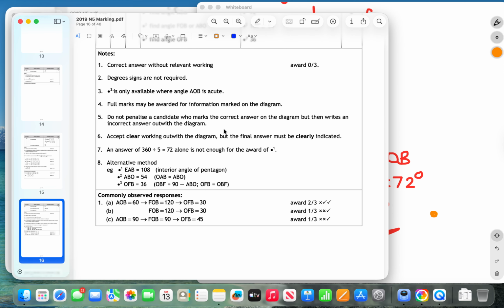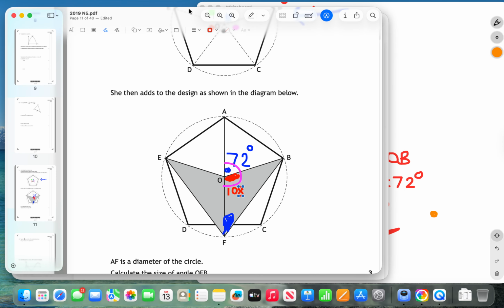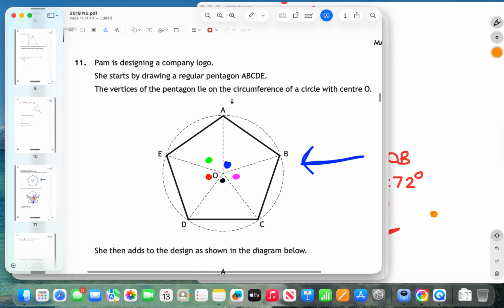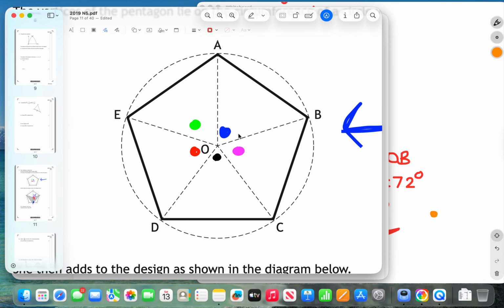And you have to label any working and indicate exactly which angle you're talking about, because there are a lot of angles, so you have to be very clear with your angle convention. For example, suppose we had this angle.